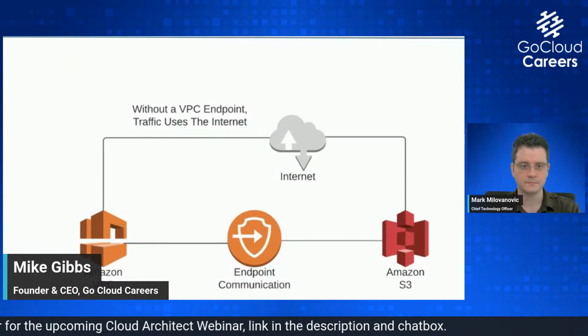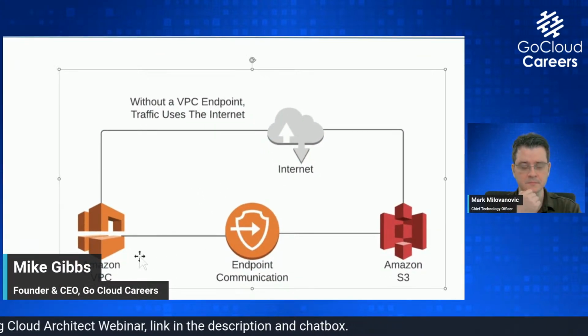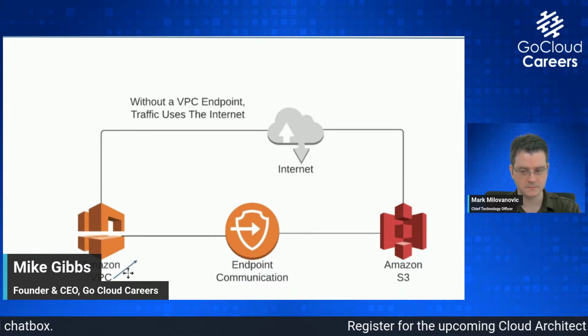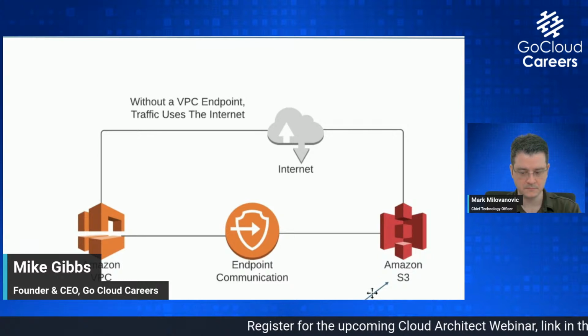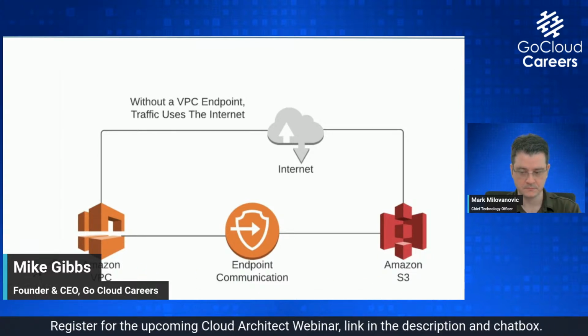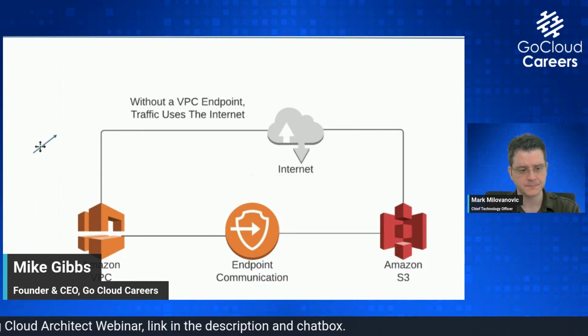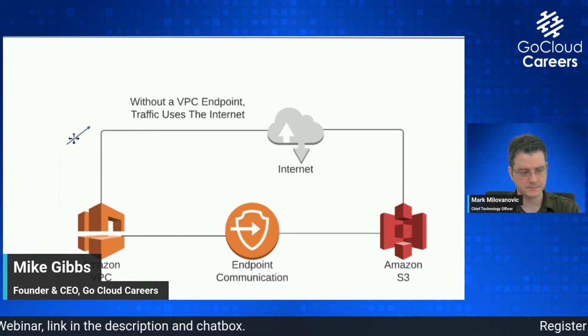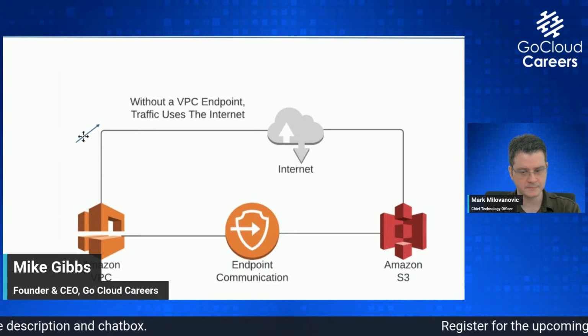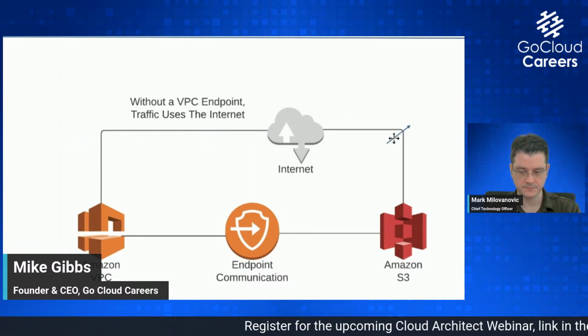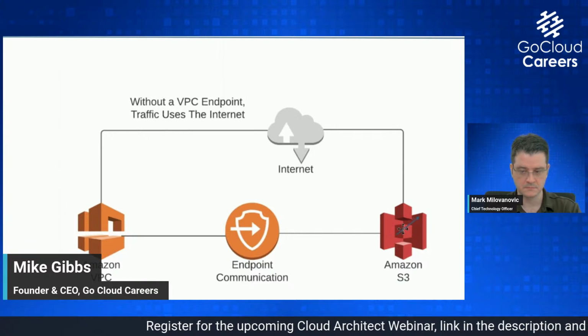So in this particular environment, let's just say this is our VPC over here on the left side of the screen, and let's say we want to reach into this object storage bucket. We really have two options. One is we could leave our AWS VPC, go out our internet gateway to the internet, cross the entire internet, which basically has no guarantees of speed or performance, then go back into AWS.